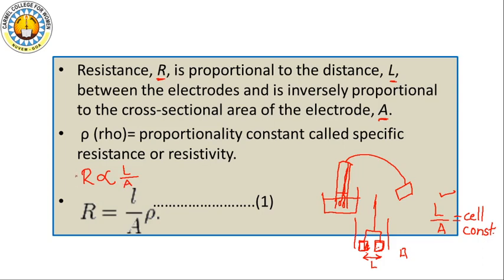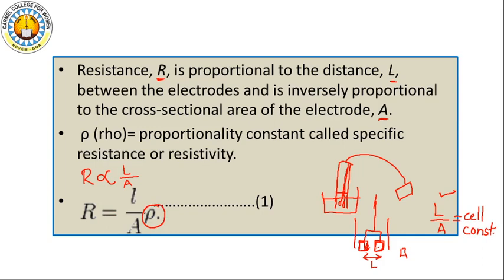So this is our equation: resistance is proportional to L upon A. Now I remove this proportionality sign and introduce a constant. When I put an equal to sign, I have to introduce a constant.